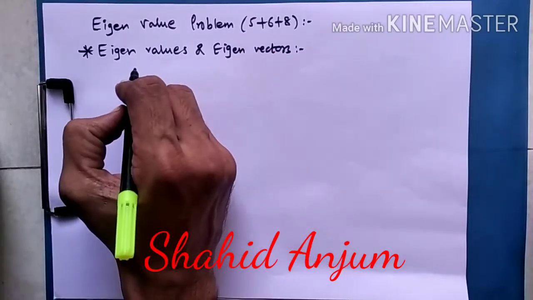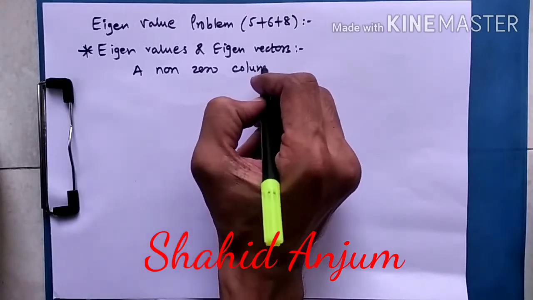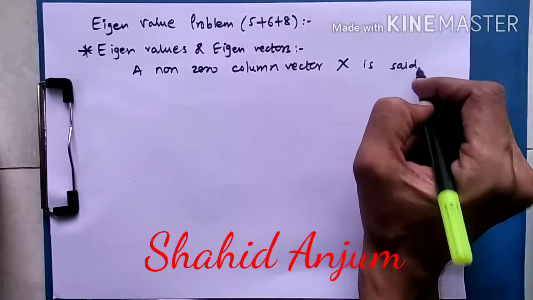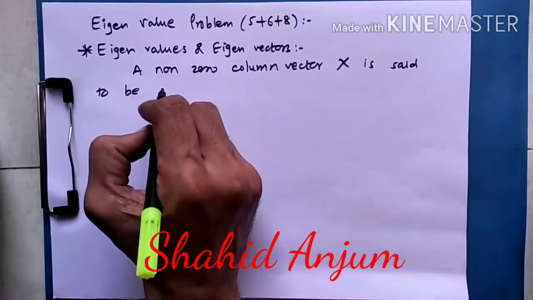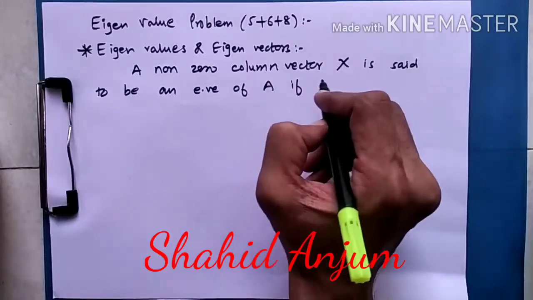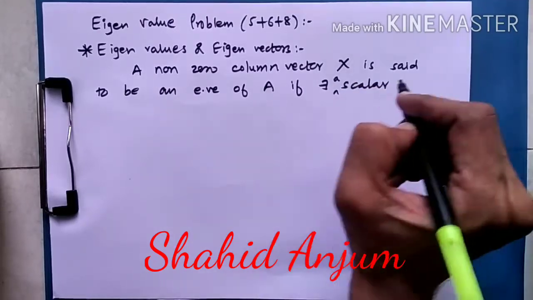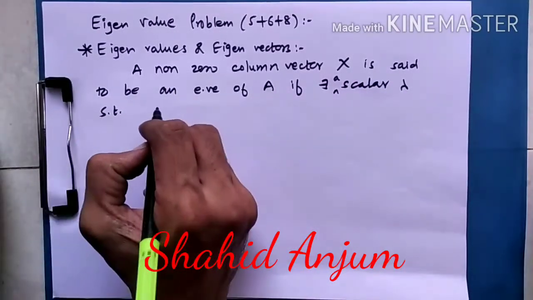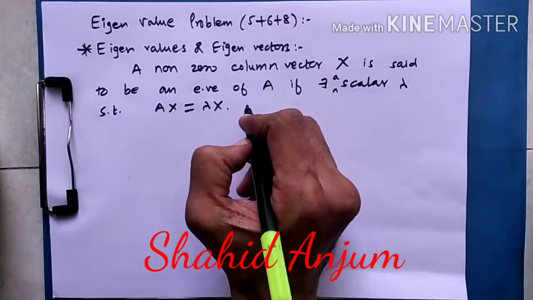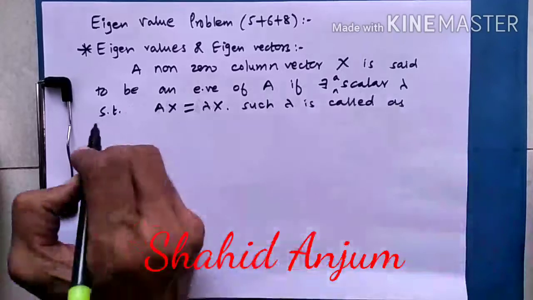Its definition: a non-zero column vector capital X is said to be an eigenvector of a square matrix A if we can find a scalar, say lambda, such that this condition is satisfied, Ax equals lambda x, and such lambda is called as eigenvalue.